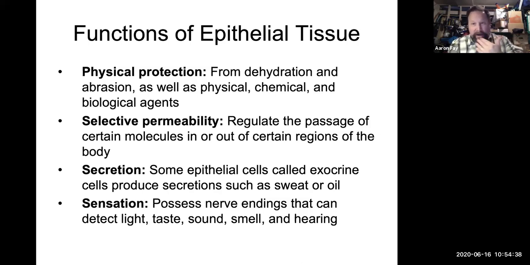Taste, our gustatory cells, are part of an epithelium. The hair cells inside the cochlea of the inner ear are part of an epithelium. Sense of smell, and so on and so forth. Our sense of equilibrium. The cells that actually detect these things, light, sound, position, are actually epithelial cells.